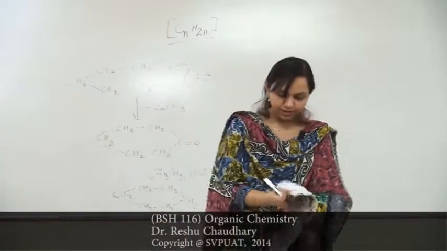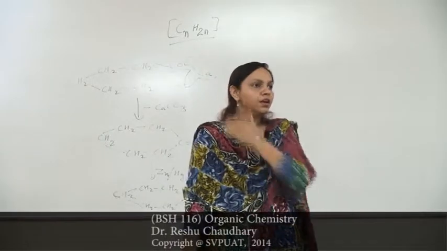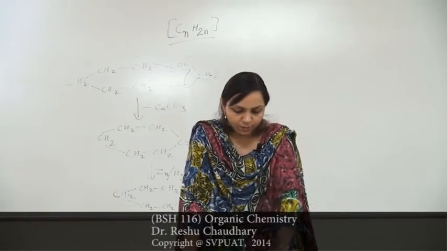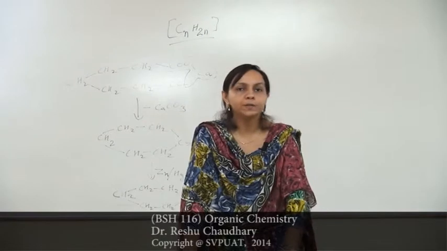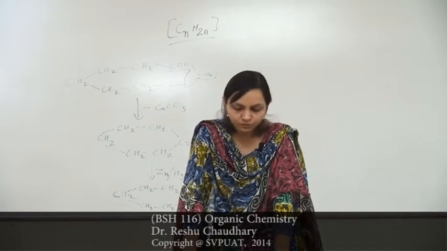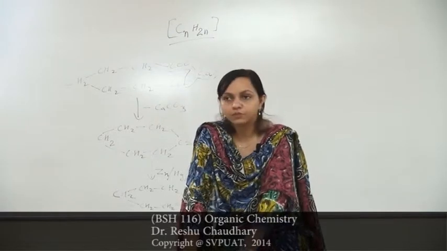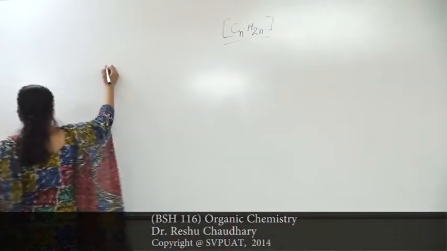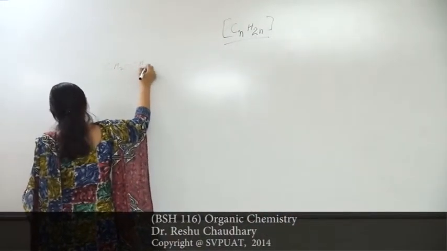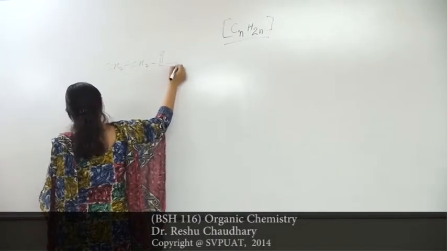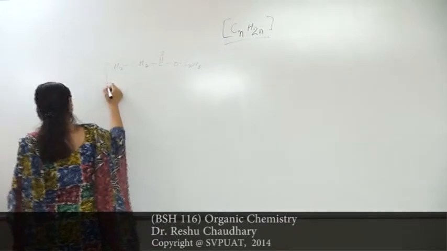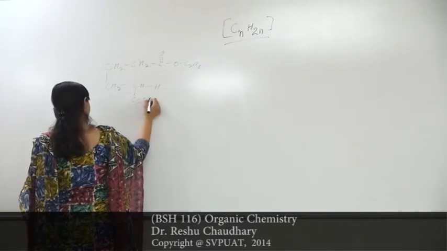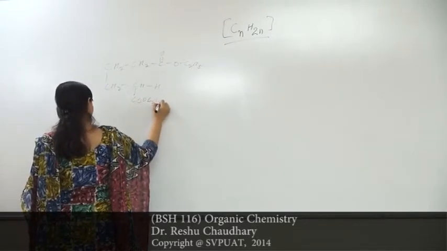Next method is Dieckmann's method. In Dieckmann's method, esters of dicarboxylic acid undergo intramolecular condensation in presence of sodium alkoxide to form cyclic ketones, which on reduction form cycloalkane, and the reaction will be the diester with COOC2H5 groups.